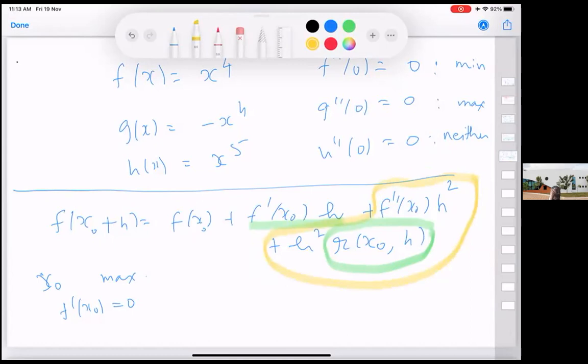The sum of these two quantities is equal to f of x0 plus h minus f of x0, which is negative since x0 is a maximum. So for h small, this is negative. Divide out by h square. So f double dash of x0 must be negative. If f double dash of x0 is not negative, then there will be a contradiction. If it is positive, we will get a contradiction.